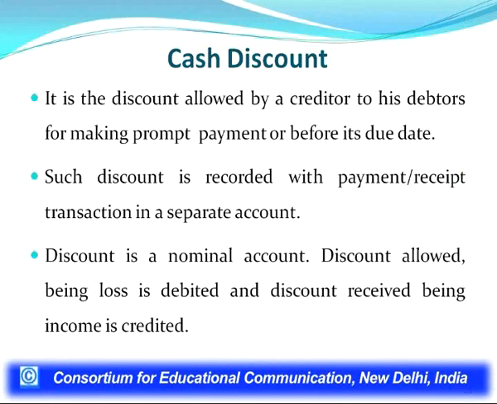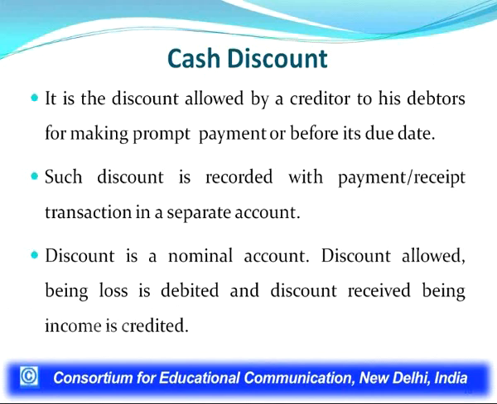Now, the other type of discount, that is the cash discount. It is the discount allowed by a creditor to his debtor for making prompt payment or before its due date. Normally, in many businesses, traditionally or conventionally, there are certain payment terms.